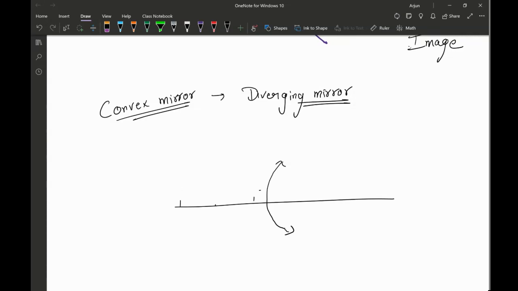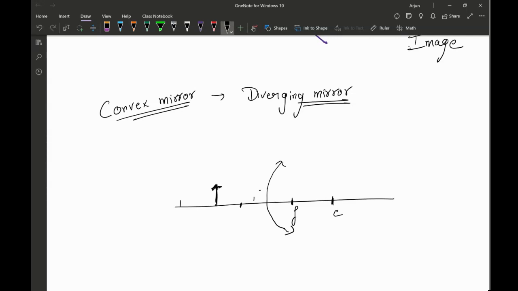The perfect example of the convex mirror is when you see them in stores to avoid stealing, or you can see these kinds of mirrors in the parking lot. So let's say I'm going to place the object somewhere here, neither too close nor too far away. Now I cannot show the focal point on this side. The focal point will always be on this side, and the center of curvature will always be on this side.